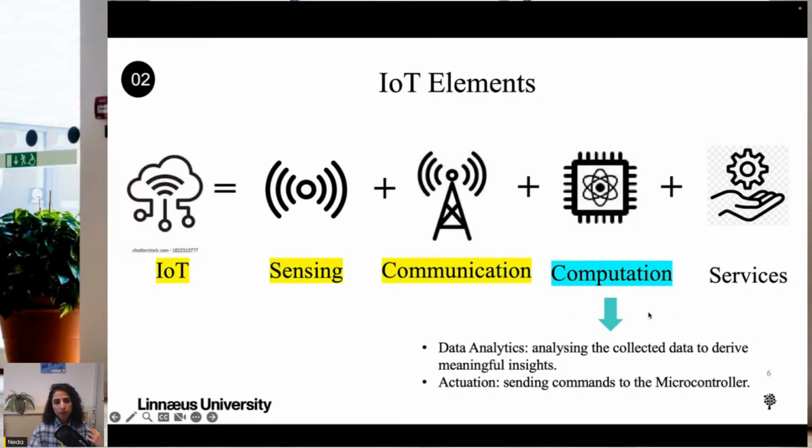As you can see here, IoT computation involves several concepts that are essential for the functioning and operation of IoT systems. First of all, it involves analyzing the collected data to derive meaningful insights. It means that we gather the data from these devices that are connected to each other.